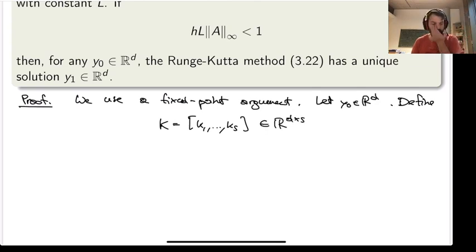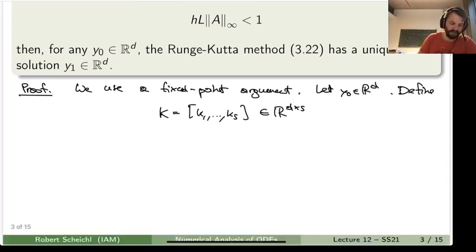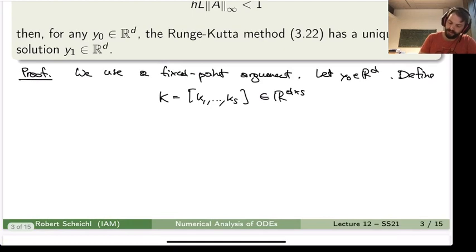So each of them is an R^d vector. If I put them together in a matrix, it's an R^d cross s matrix. If you don't remember the formula for the general Runge-Kutta method, please pause and have a look back at 3.2.2.